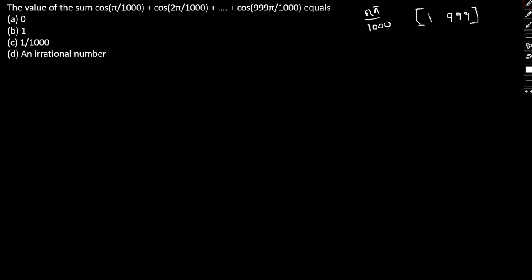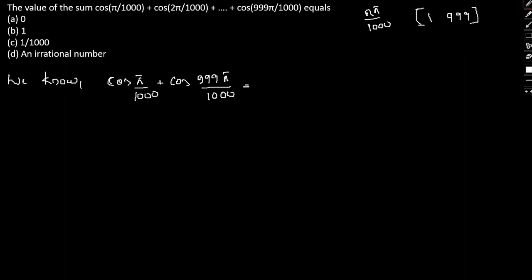So we know cos of pi by 1000 plus cos of 999 pi by 1000.